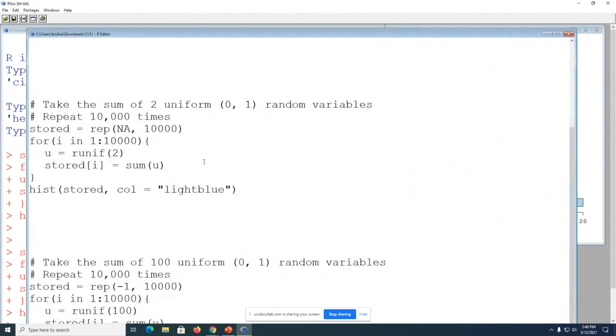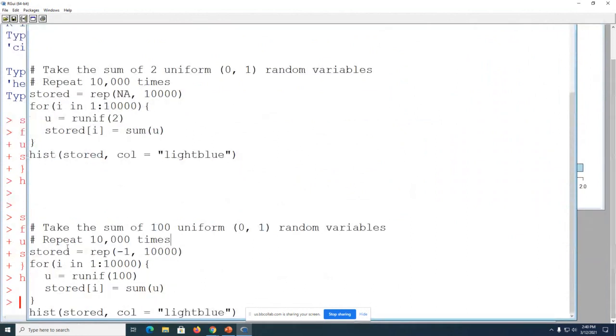All right. Now let's try it with 100 uniform random variables. So we're taking the sum of 100 random variables that are all uniform between 0 and 1. Take a minute to predict to yourself what this histogram is going to look like.